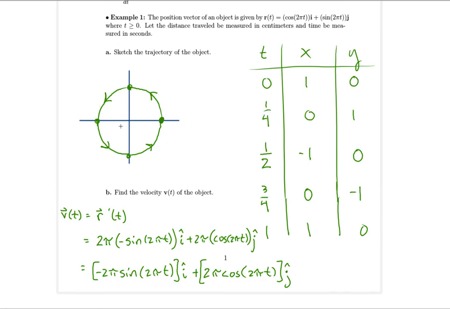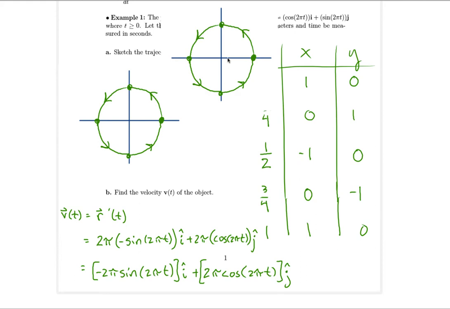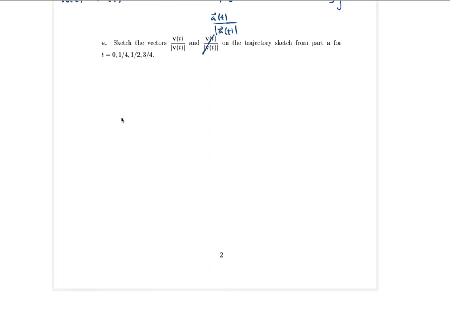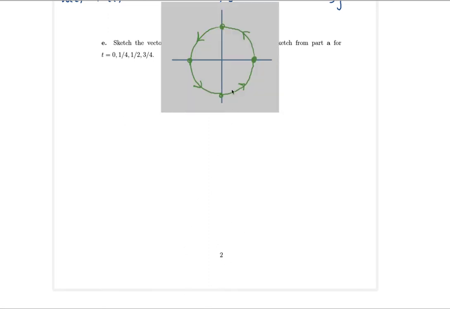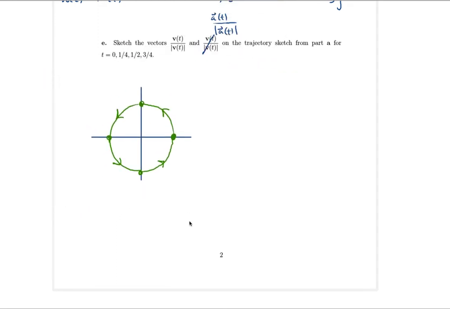So let's go ahead and cut this out, and we'll add 2. Move that over here. We don't have to draw it twice. There we go. All right. And so it wants us to draw the velocity divided by its magnitude, the acceleration divided by its magnitude. Understand, though, that all we're doing by dividing by the magnitude is turning it into a unit vector.